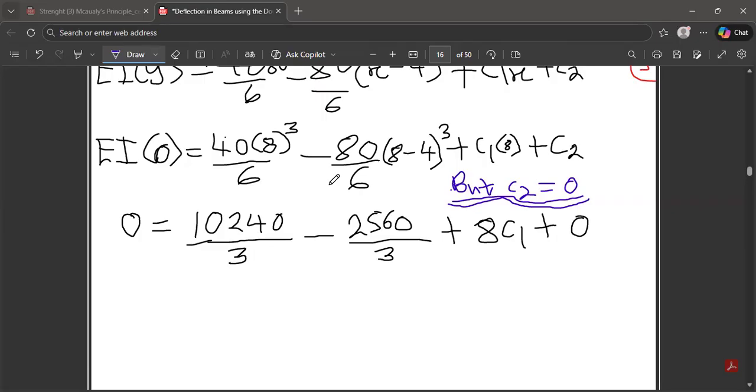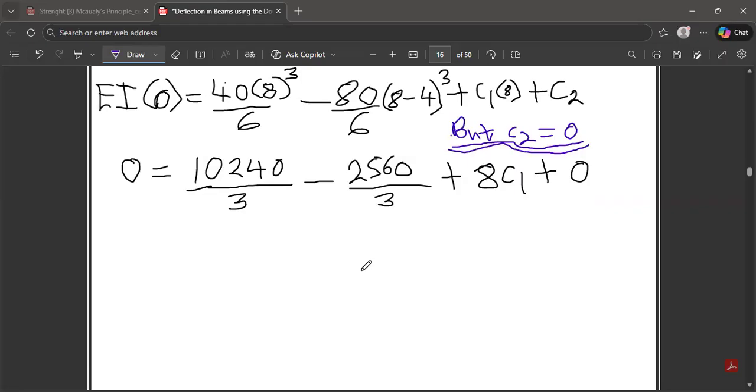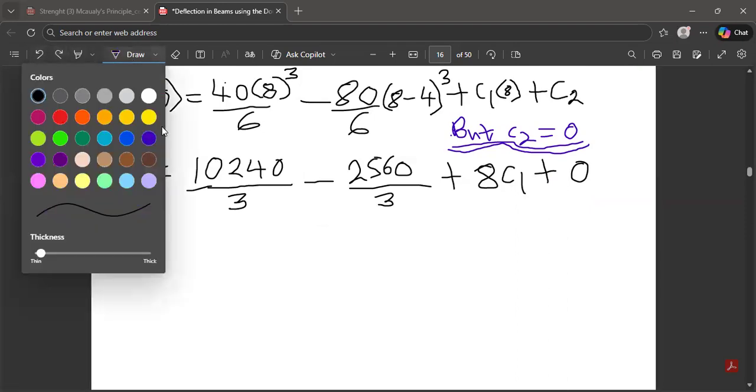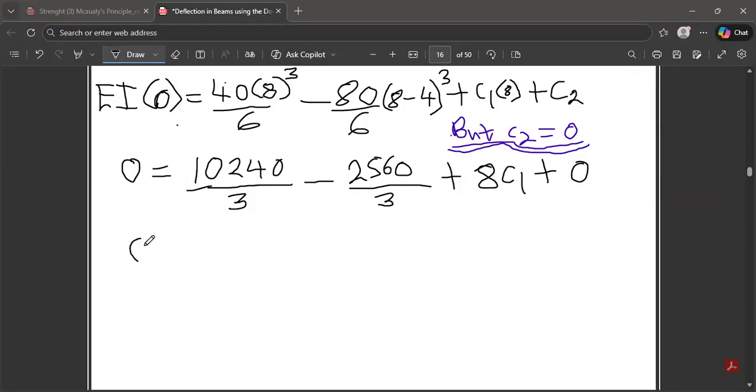So what are we supposed to do next from here? The rest is no more physics. The rest becomes mathematics. So let's quickly simplify this together and then see how best we can wrap up for the day.